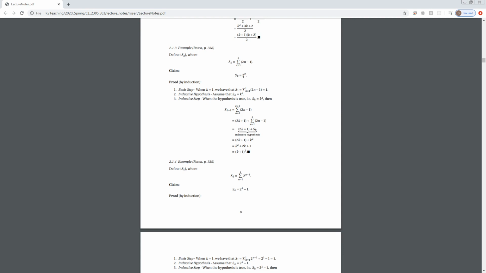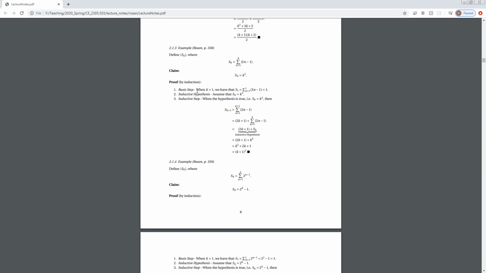We've added the first 3, so we did get 3 squared, which is 9. We want to know whether or not that's some oddity, or if it holds going forward. We can use induction to prove this claim, and it is true.